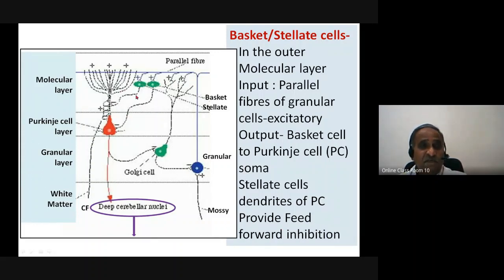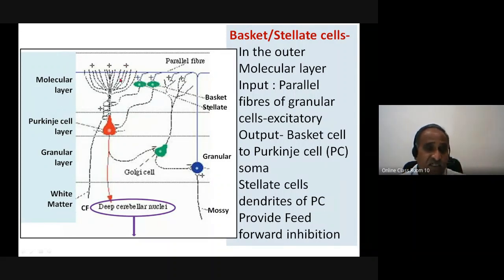That means inhibition arrives even before the Purkinje cell is excited. That is the meaning. The inhibition comes even before the excitation of the Purkinje cell, because the granular cell will excite the Purkinje cell, but this excitation is at the dendritic point.